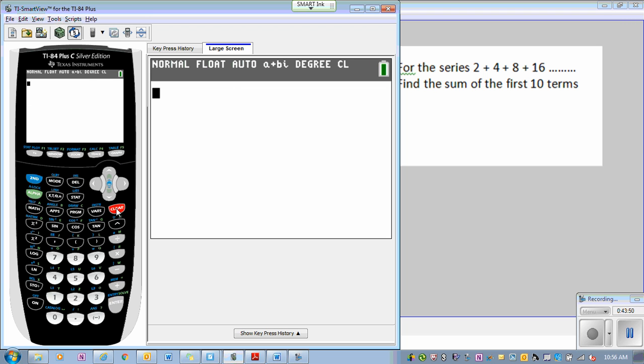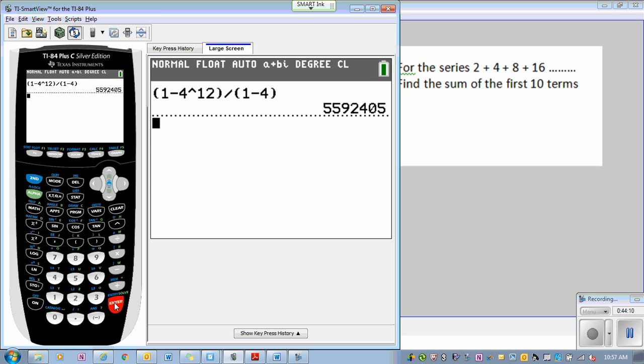So what you should do is parentheses 1 minus 4 to the 12th power, right? That's the top part, divided by 1 minus 4. That's the bottom part, the denominator. Hit enter. Big number, right? And then just do times whatever your a sub 1 is, in this case, which is 1. And there you go.